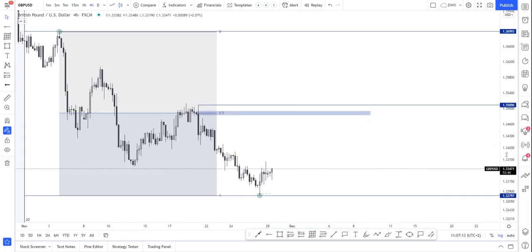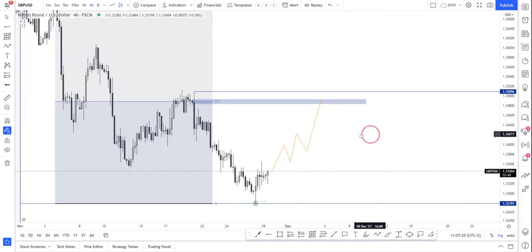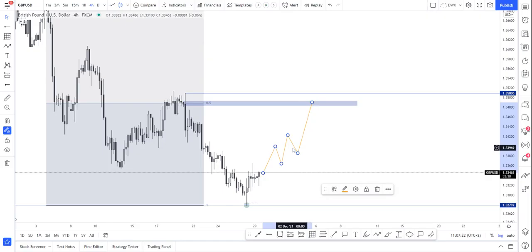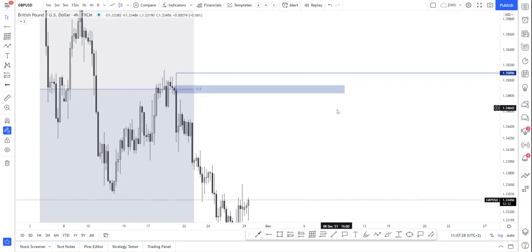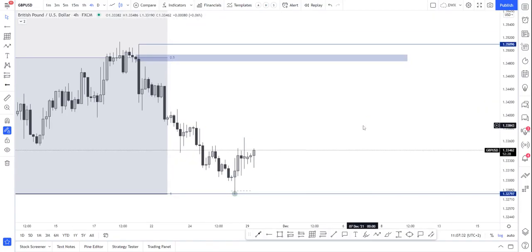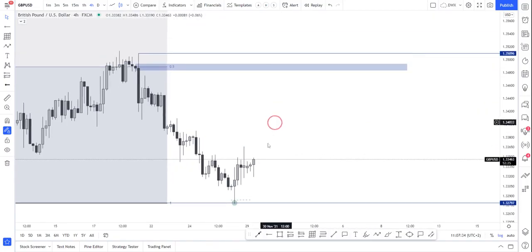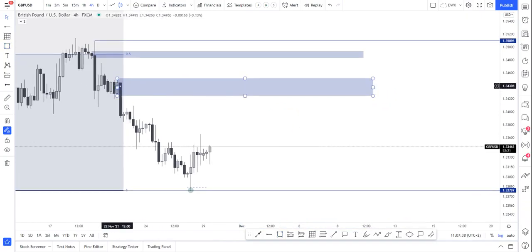So it's easy to identify and see now where price is potentially going to be heading to next, up until this area. So now already I'm starting to develop an idea or a bias that price is potentially moving towards the upside because of the rejection that we're already seeing in here. And now we can potentially expect price to move up. So we can obviously identify areas like this. This is a nice full body candle.